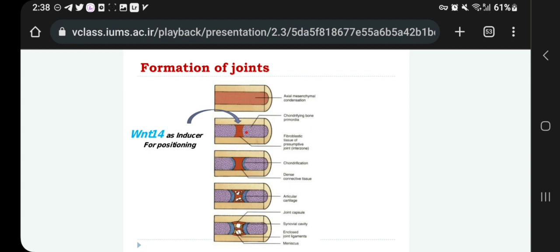At first, here's a cartilage model and here's a cartilage model, and between them is the interzone.